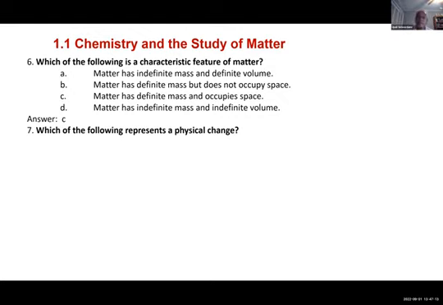Okay. Which of the following represents a physical change? Physical change is melting, boiling, etc., breaking up into several pieces. Boiling of water, the physical change, right? Decomposition of a dead organism. That's not a physical change.